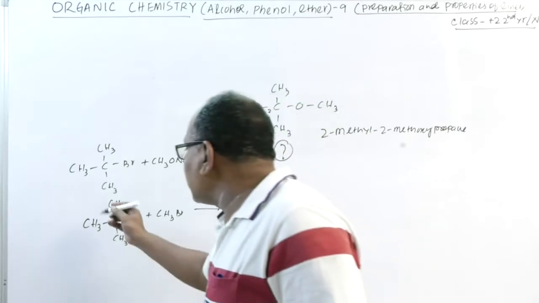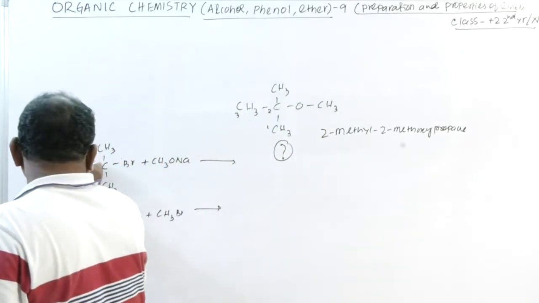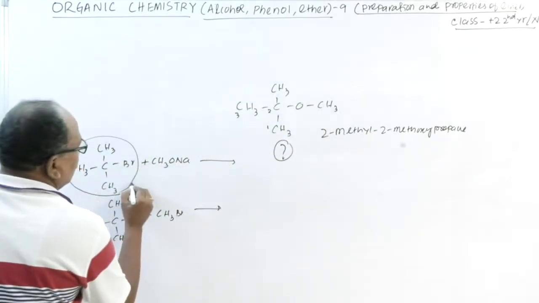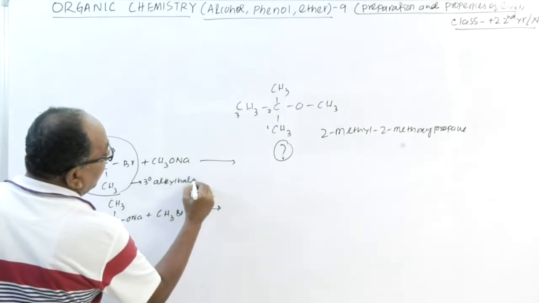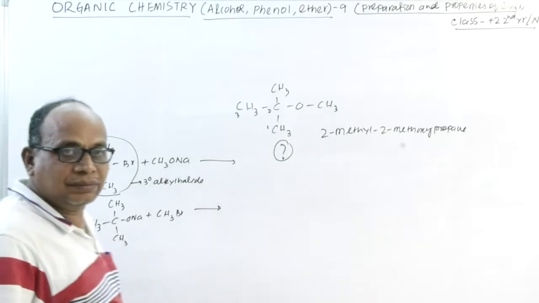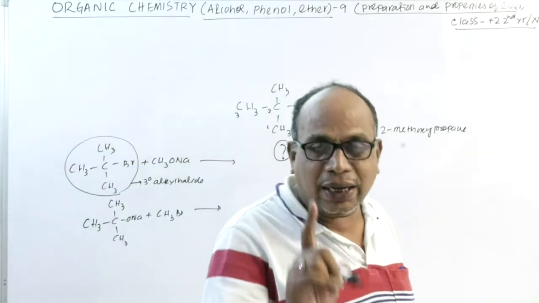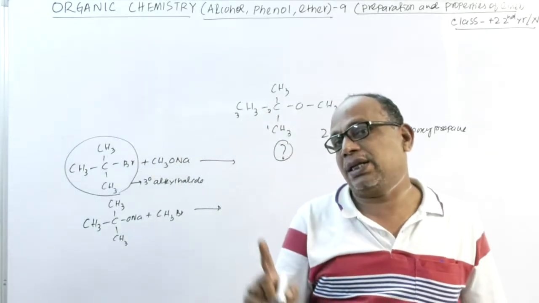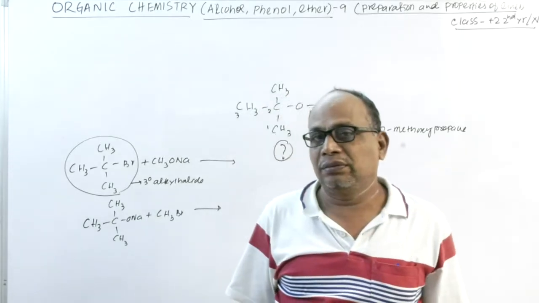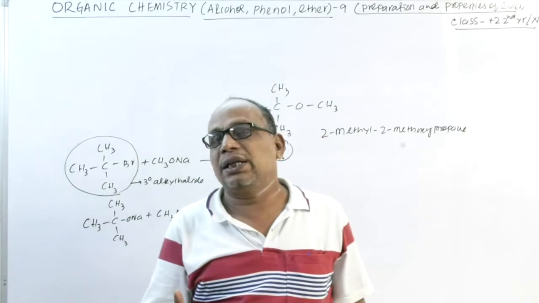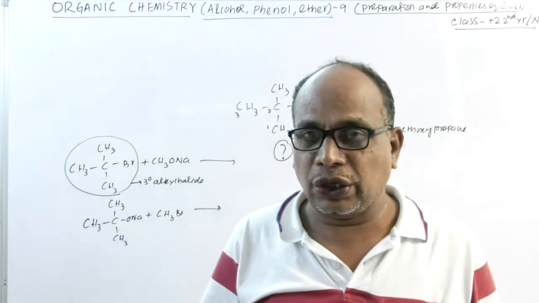You see, this is your tertiary alkyl halide. You know the alkyl halide used for the preparation of ether in Williamson synthesis should be primary. It is not secondary, it is not tertiary.